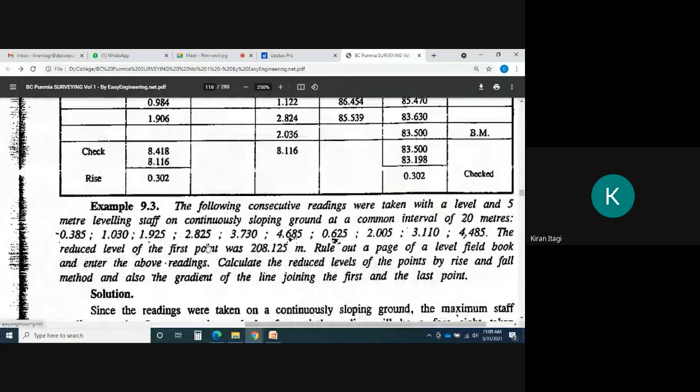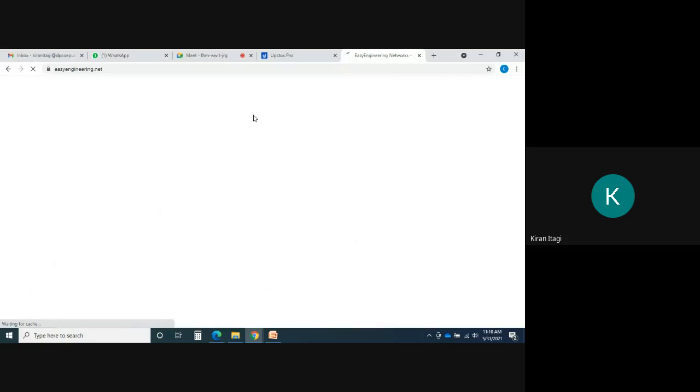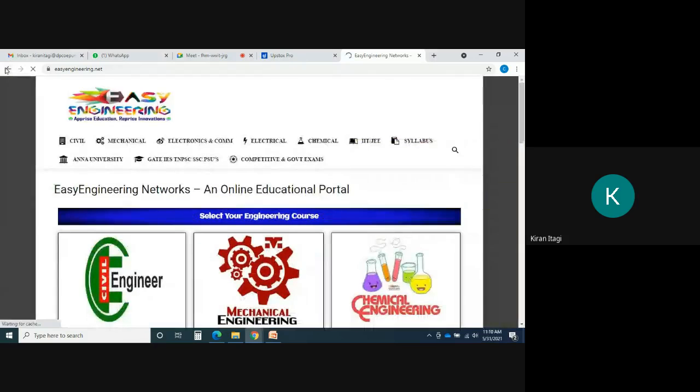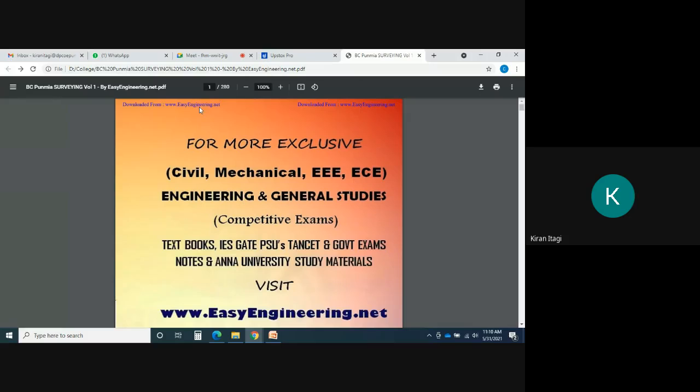Take example 9.3. Just solve it by the rise and fall method and by the height of the instrument method. Solve by both methods. You should get the same RL.